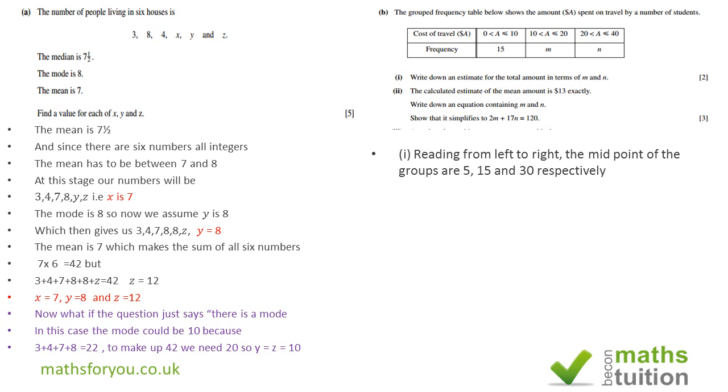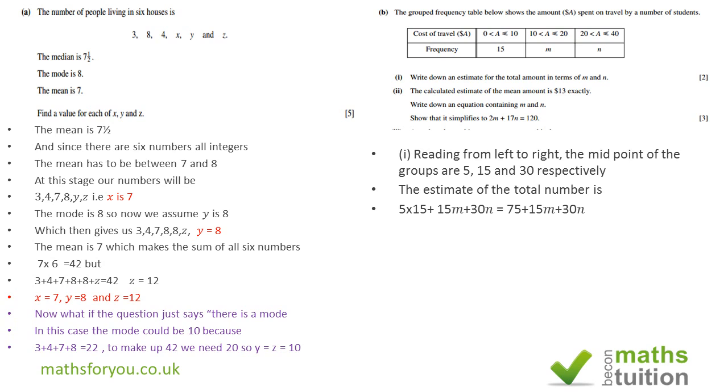So to find an estimate for the total amount spent, and it is an estimate, we do 15 times 5, 15M, and then 30 times N, which is 30N, and that would then give 75 plus 15M plus 30N, and that's what's required there.